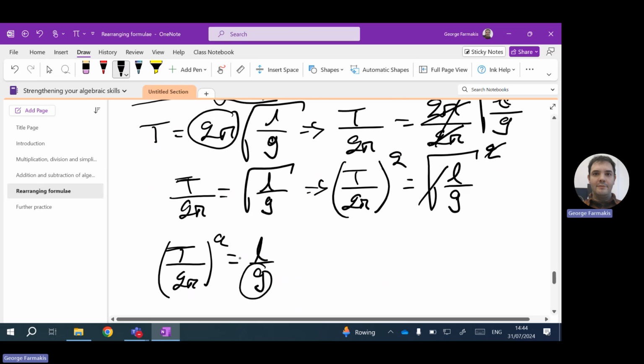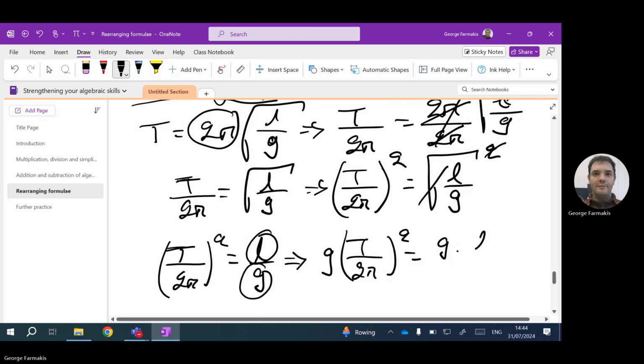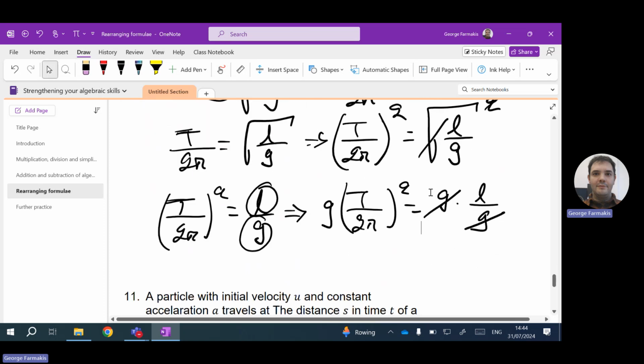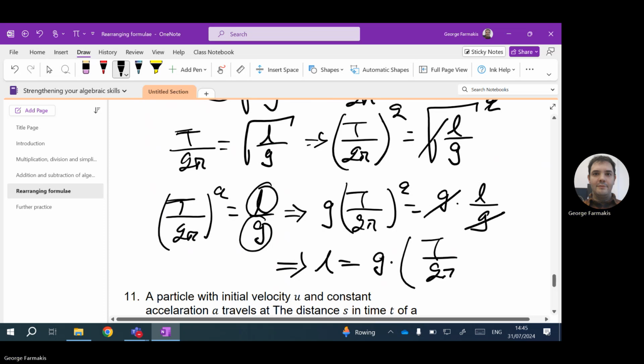And now because g divides L, we want to solve for the length L. If I multiply both sides with g, we see that g here simplifies, and now we get the formula for the length is g times t over 2 pi to the square.